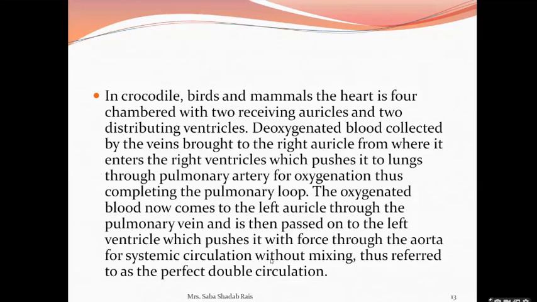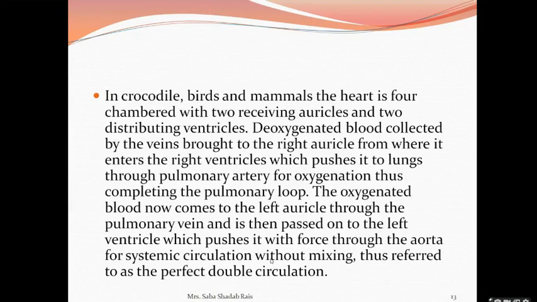Deoxygenated blood will be collected by the veins. Now see, understand and remember the pathway. Deoxygenated blood will come from the capillaries to the veins, and from the veins it will go to the right auricle, and from the right auricle it will enter the right ventricle.